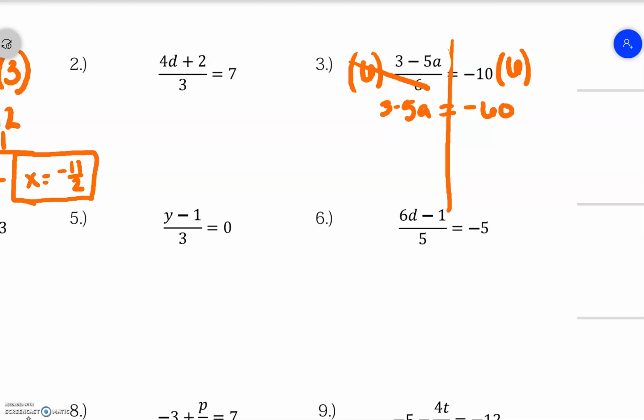Now I'm down to our 2-step equations that we've been working on. I got to move that 3 over, so I'm going to subtract 3. Why did I subtract 3 instead of add 3?